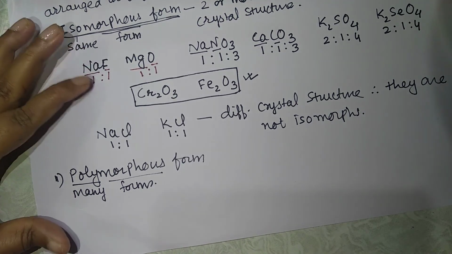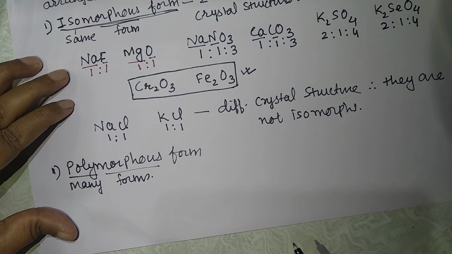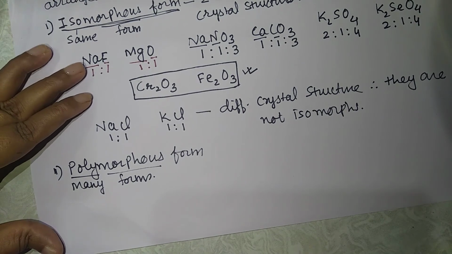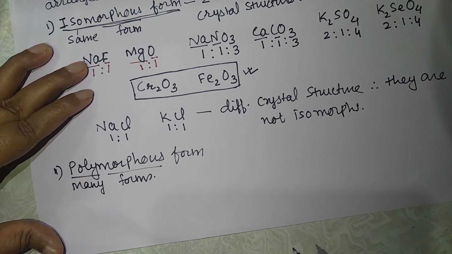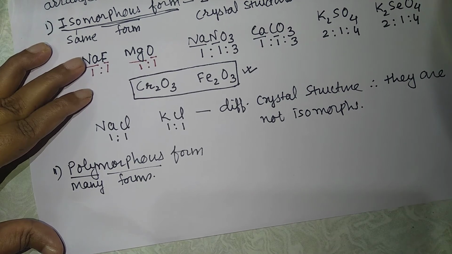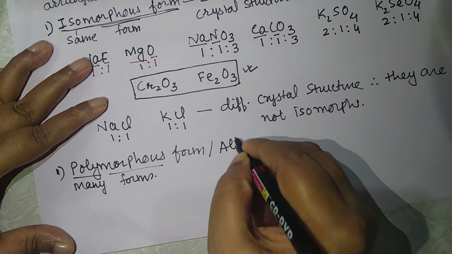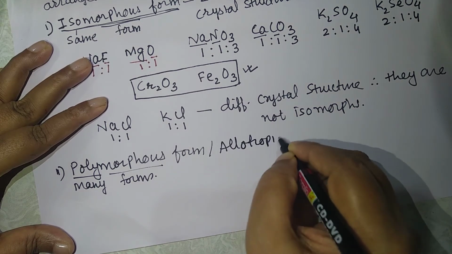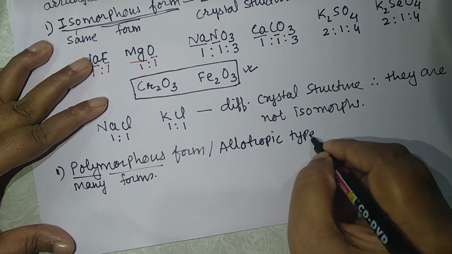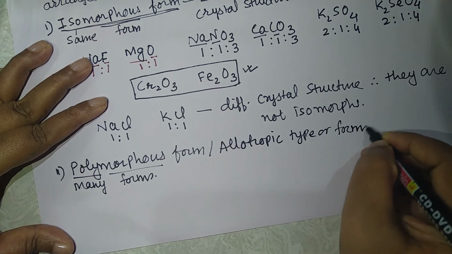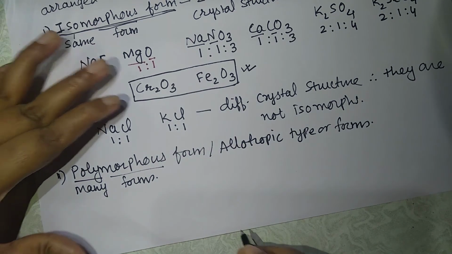This crystallization in two or more forms takes place because of crystallization under different conditions. So it is very similar to the allotropic forms. I can say they are allotropic types or forms.